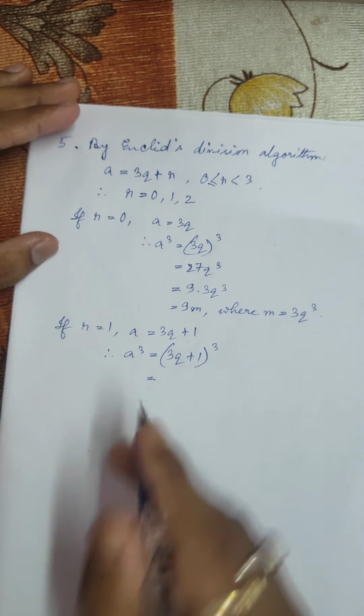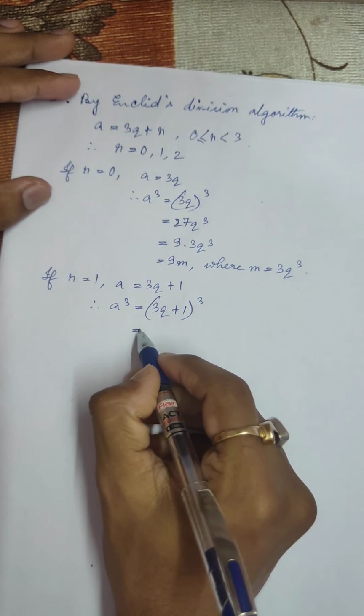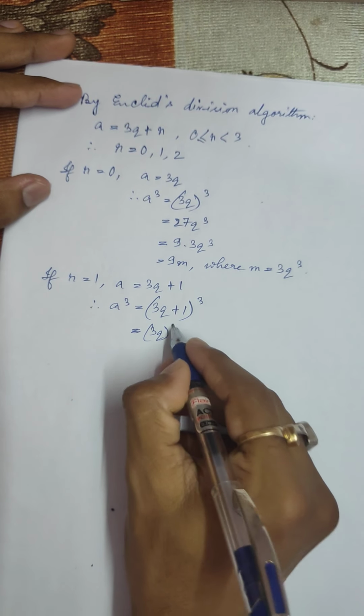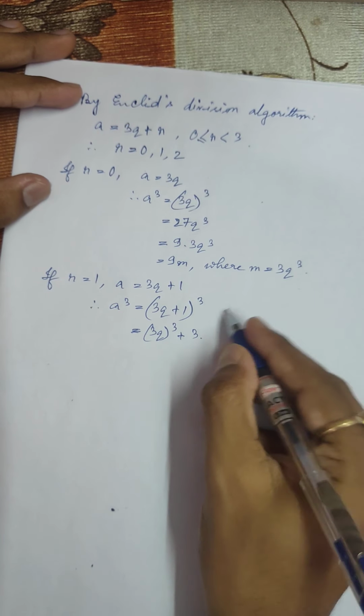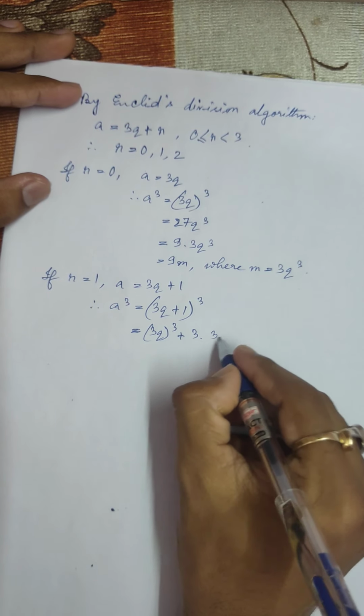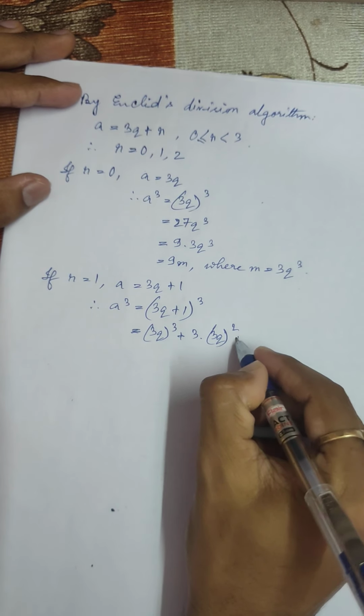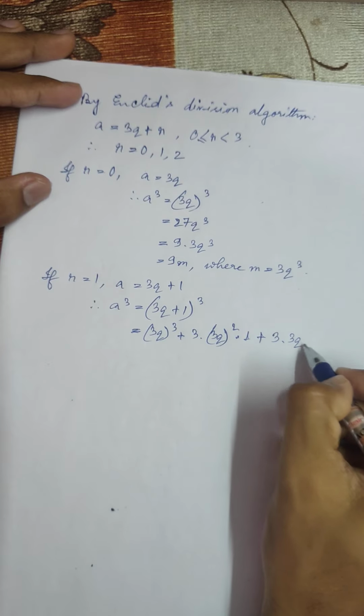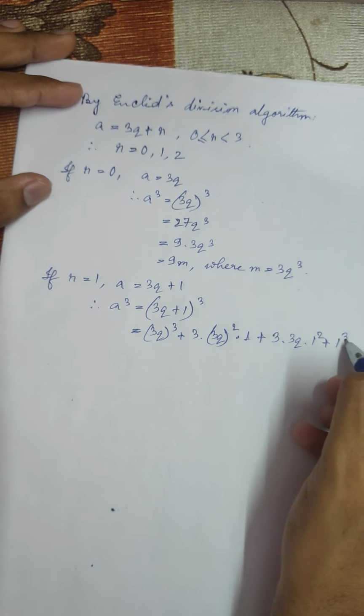So we have to find the whole thing cube. Now use the formula of whole thing cube: a plus b whole cube is a cube plus 3a square b plus 3ab square plus b cube.